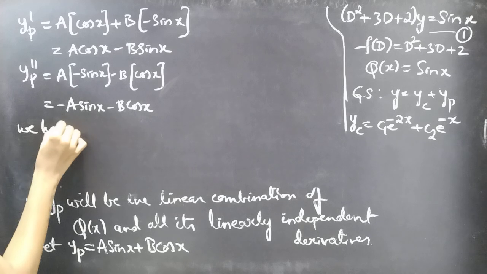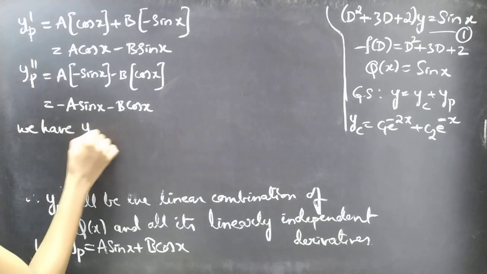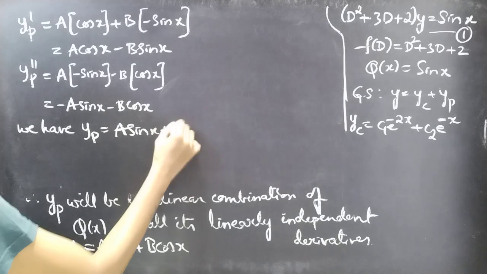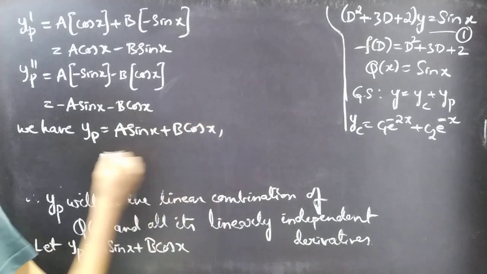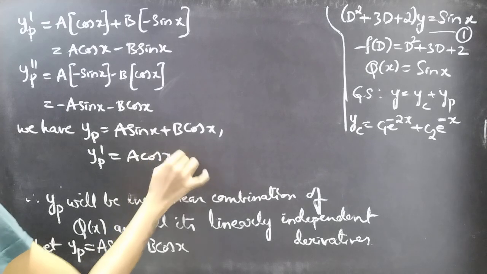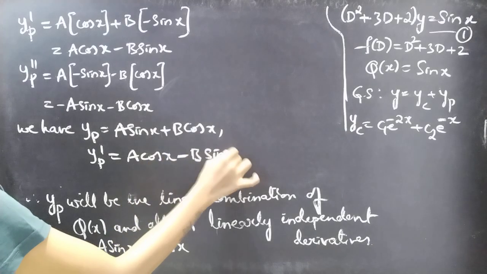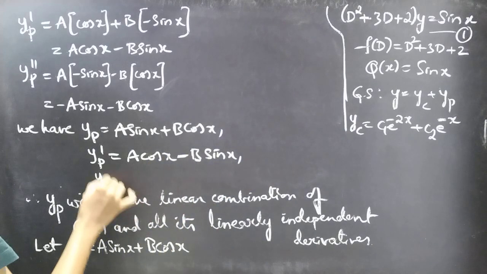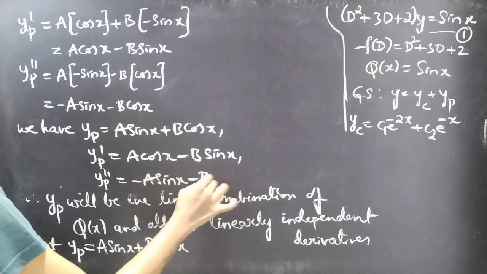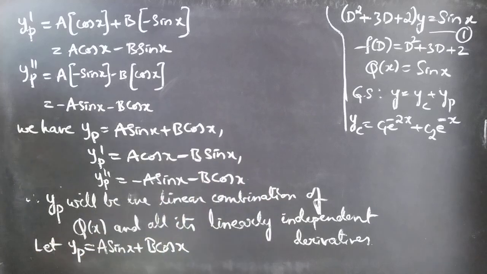We have yp equal to a sin x plus b cos x, yp dash equal to a cos x minus b sin x, and yp double dash equal to minus a sin x minus b cos x, right?